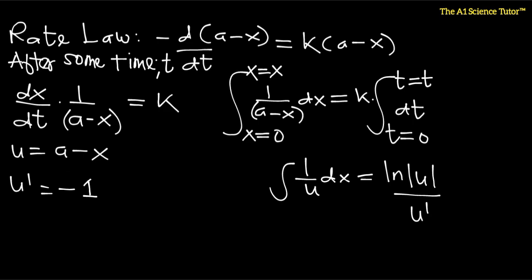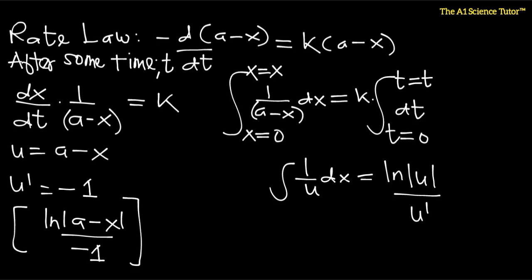That means I'm actually going to have something this way. This will be ln u. Now u in this case is a minus x, so this will be ln of a minus x, divided by u prime. Now u prime is negative 1, so I just need to write it there.